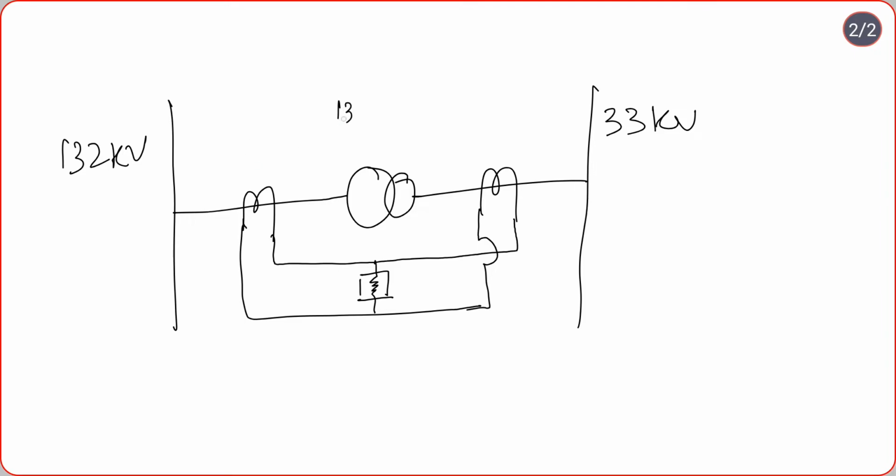Again, it's a 132 kV by 33 kV transformer with ratio V1 by V2 equal to 132 by 33, which is equal to 4. We have a ratio of 4.